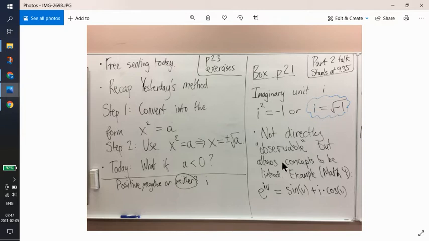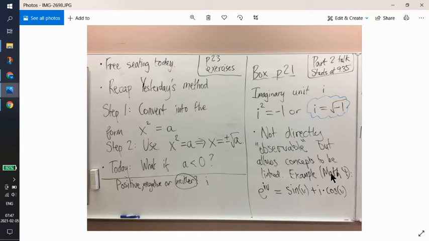However, this allows concepts to be linked which otherwise could not be linked. So for example, in Math 4, one of the formulas you'll see is this one: e to the power i theta equals sine of theta plus i times cosine of theta, where we've seen sine and cosine from a geometry perspective in our Math 1c course.